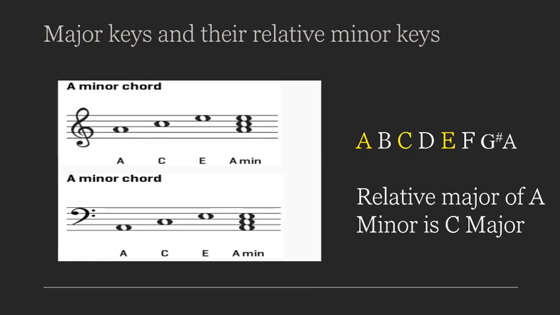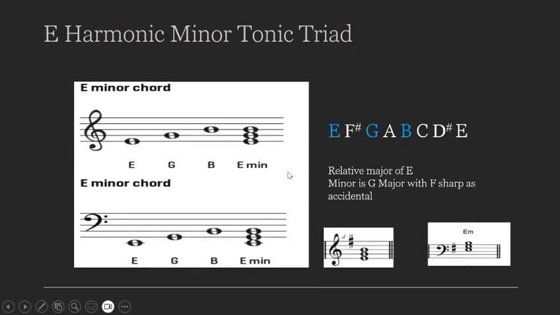Okay, now let's go to the next one. The next one is E minor. The E minor is also similar, but what is the first thing I need to call to note? I told you. What is the key? What is the relative major of E minor?